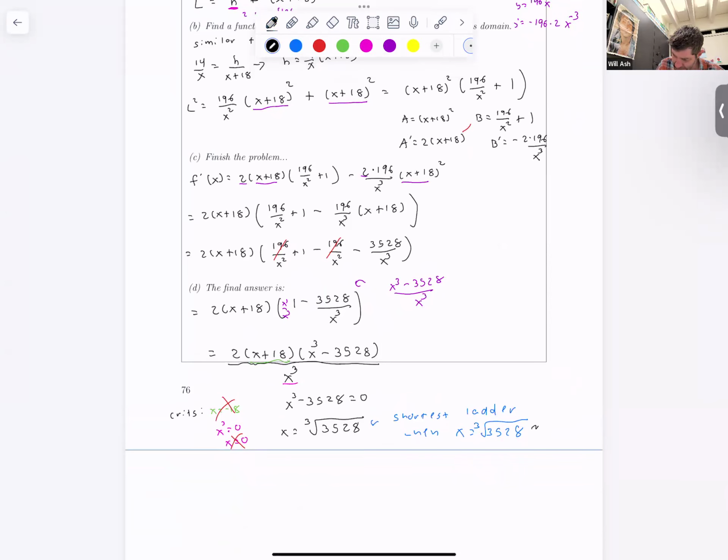Let's approximate that. 3528 raised to the 1/3 power is 15.22.